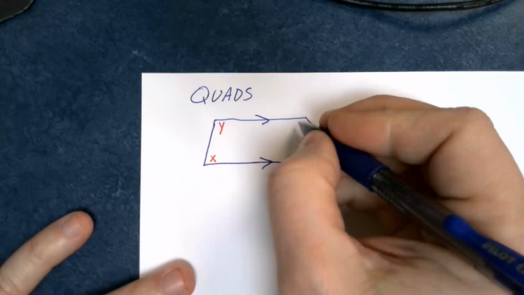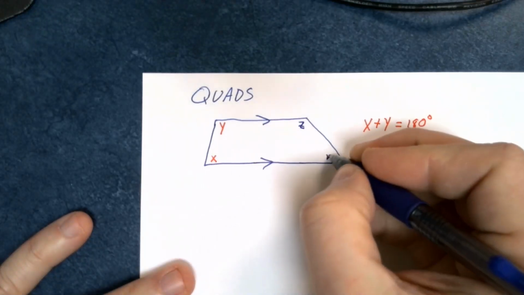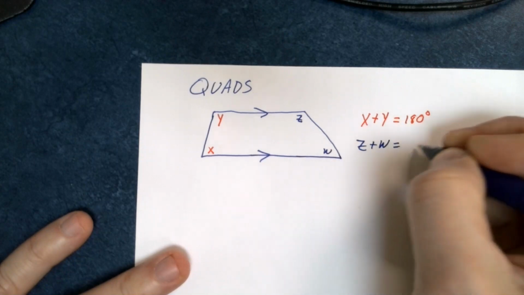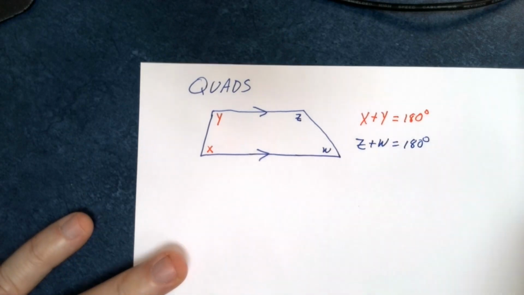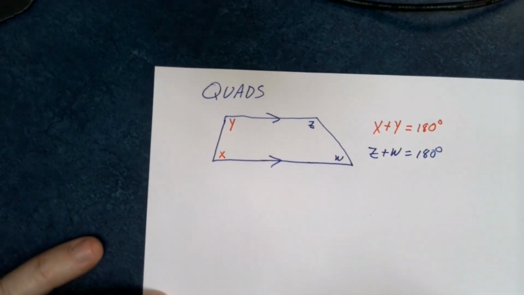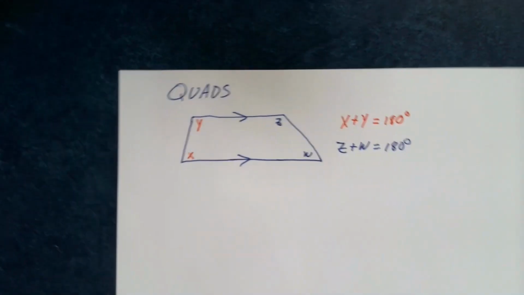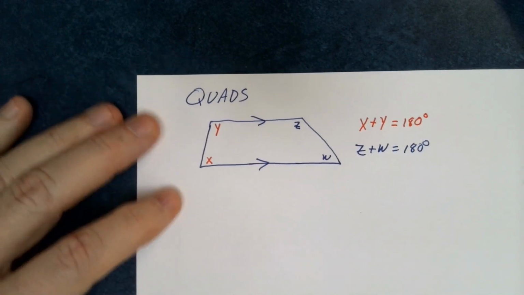And that over here, z and w, that z plus w must also add up to 180 degrees. And that's kind of the rule for trapezoids in terms of some of the basic properties.